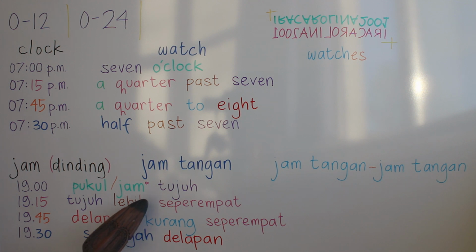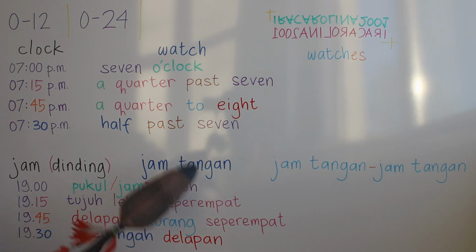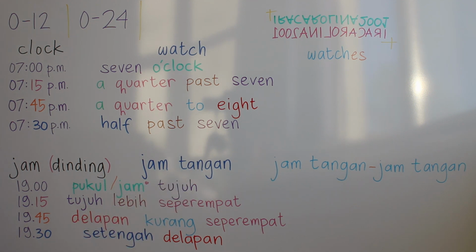But in daily activities, even myself, I say jam instead of pukul. In formal occasion, we use pukul. In daily activities, casual conversation, we use most of the time jam.